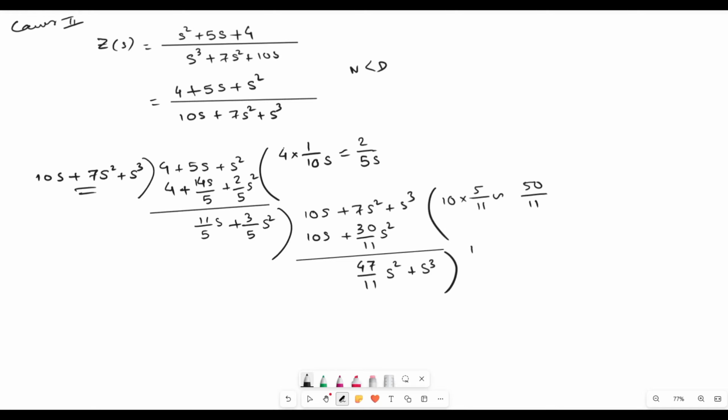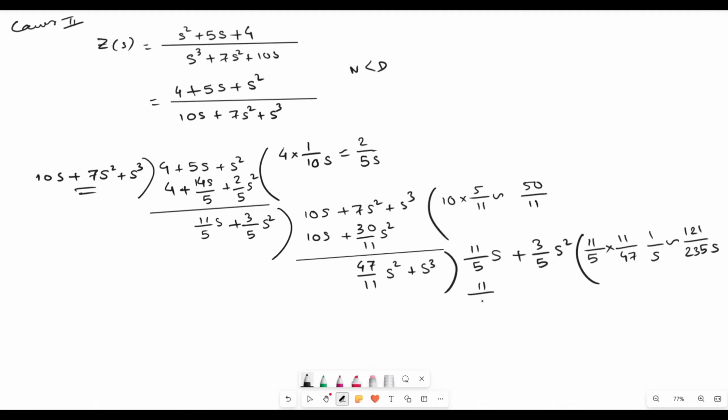Again, continuing the expansion, 5 s square. Now here we require 11 by 5. So let's directly put it as 11 by 5. Then the remaining term we do not require. So this will be coming here 11 and here it will be 47. And for s, it should be 1 by s. So this term is 121 after multiplying, divided by 235 s.